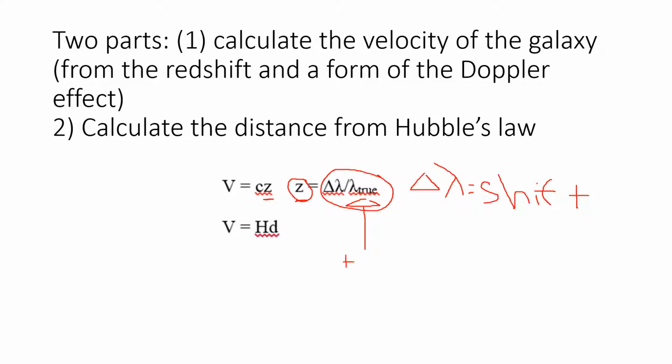Now we're going to have the true wavelength, and we're going to have the total amount of shift, and we are going to divide them. Then we're going to take the redshift and multiply it by c, the speed of light, and that's going to give us how fast the galaxy is moving away from us. And then we're going to take the velocity, plug it into what's known as Hubble's law, and we're going to solve for the distance.